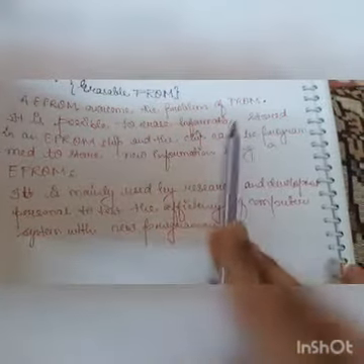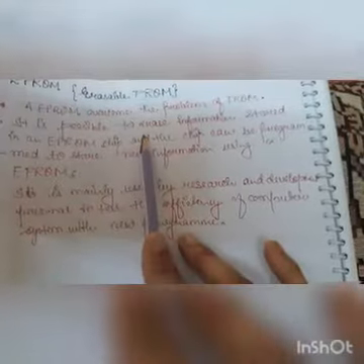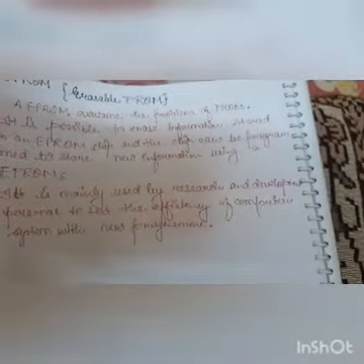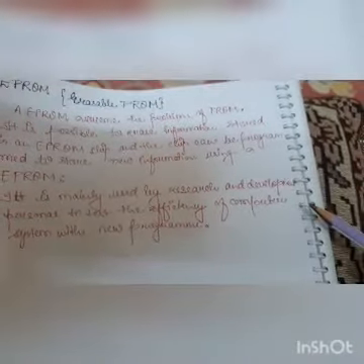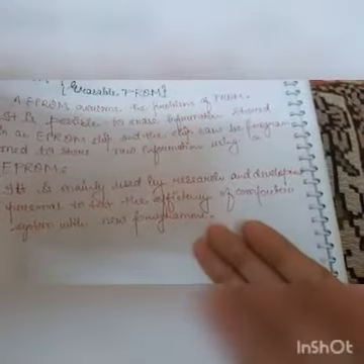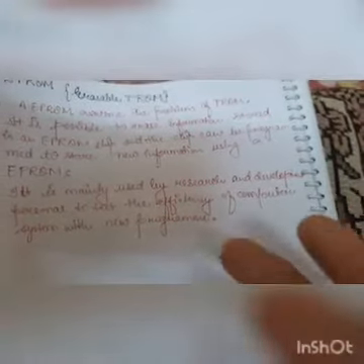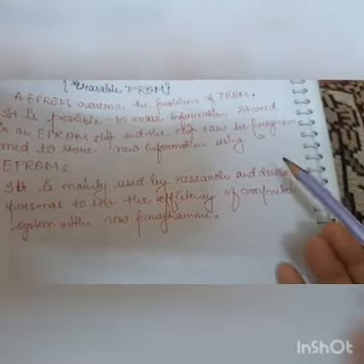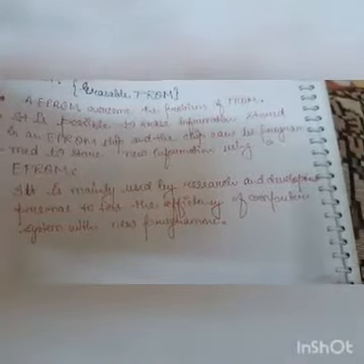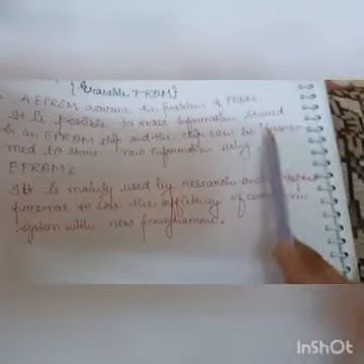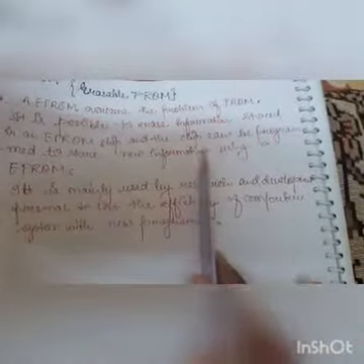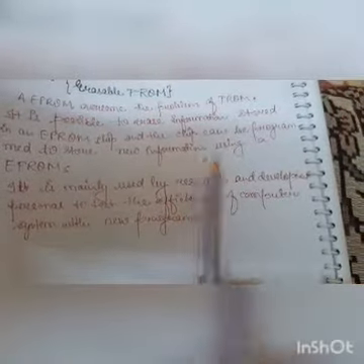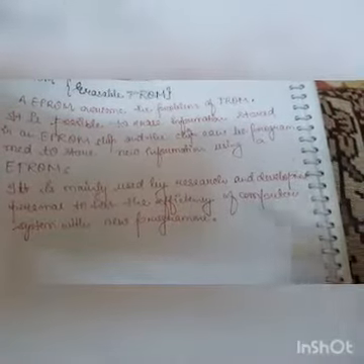It is possible to erase stored information. As I told you earlier, in PROM once information is stored, it cannot be changed. But in EPROM, we can erase that information and store new information by erasing the earlier information.